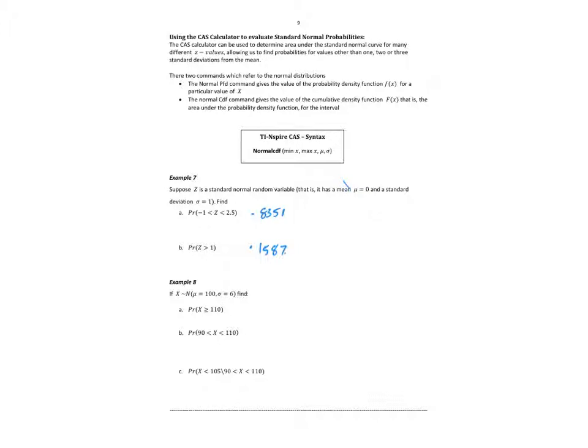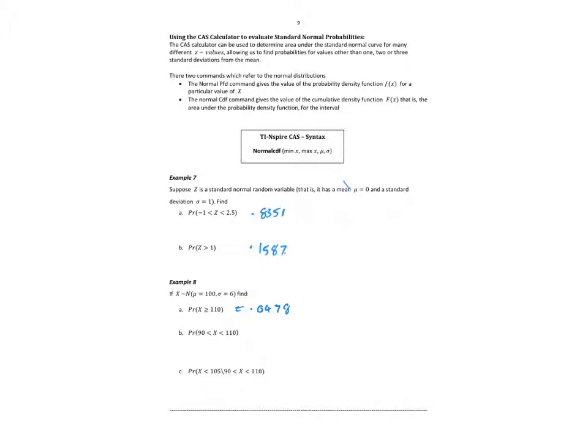Lower bound is 110. Upper bound is infinity, which is on our pi symbol. Except this time the mean is 100 and the standard deviation is 6. So I type that in and I get 0.0478.